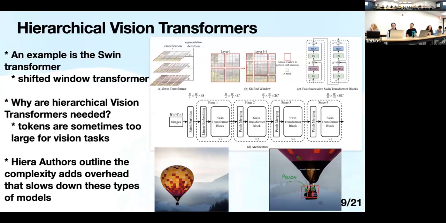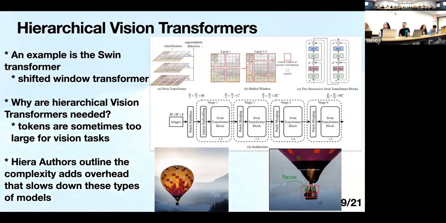Say, for a computer vision task, we wanted to see if there are people in this image with the hot air balloon. For large tokens, that might not work as well. Typically the vision transformer tokens are 16 by 16; they patch the image into 16 by 16 tokens, but sometimes the tokens are too large to capture small local variations in the image, which makes these types of vision tasks harder.